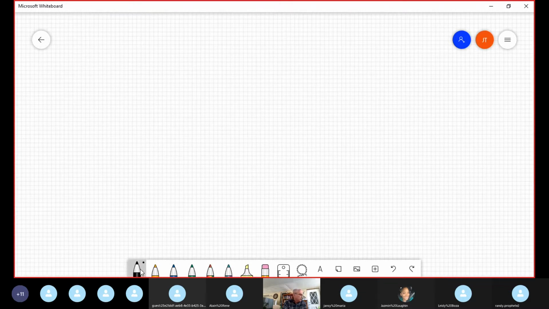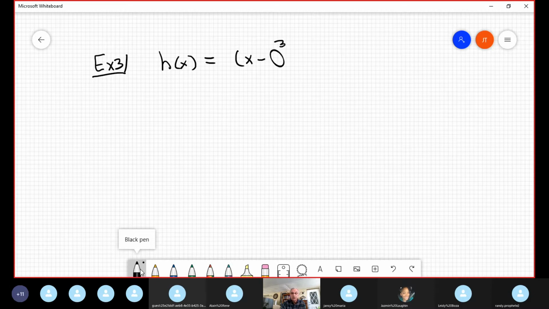Example 3 is a function, let me call it h of x, equal (x minus 1) cubed plus 7. And I need help. Help me, please.